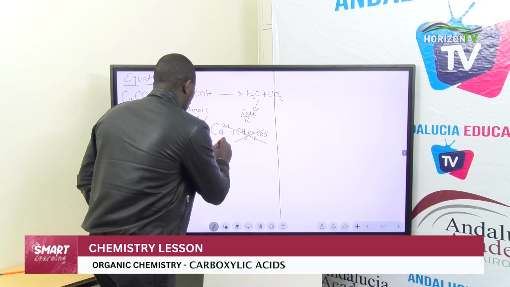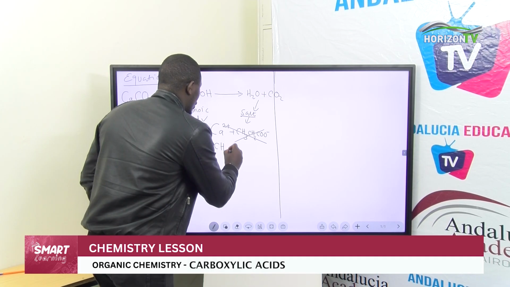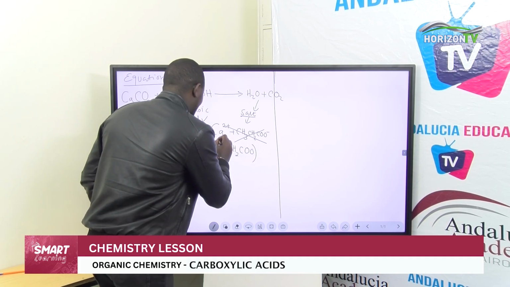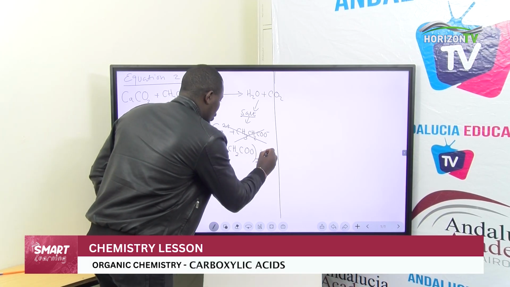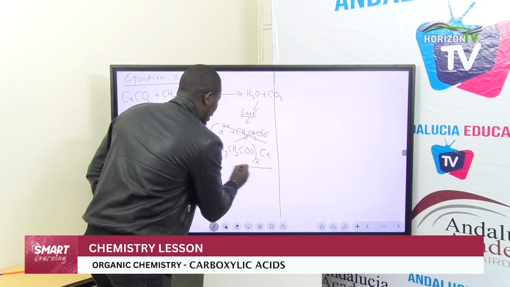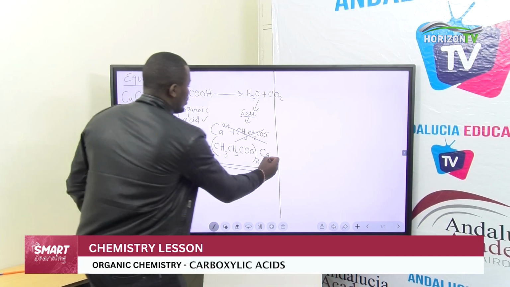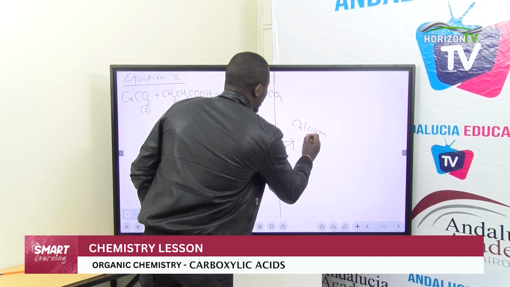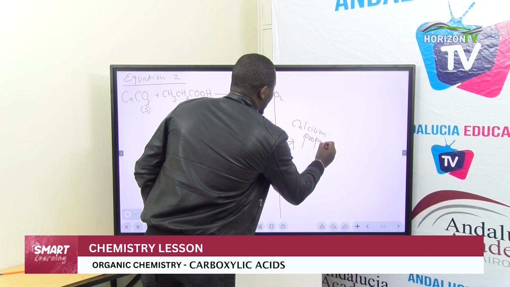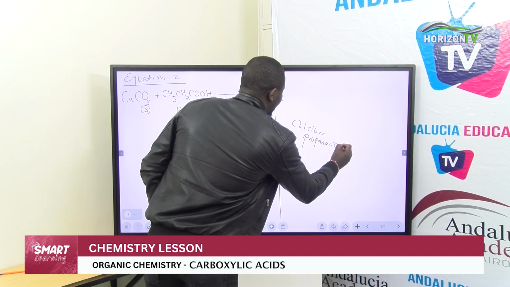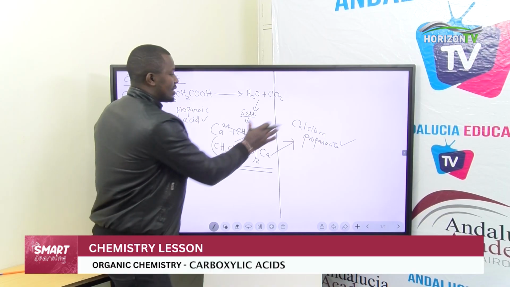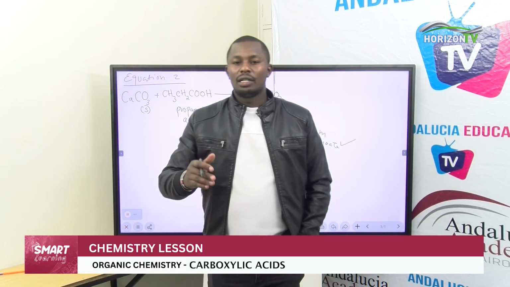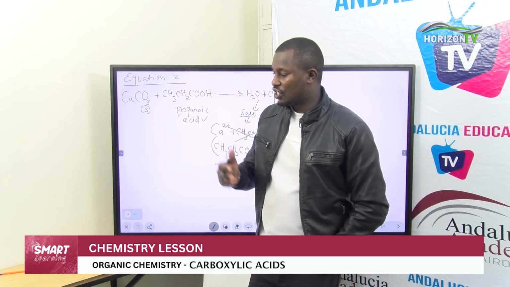So we shall have (CH3CH2COO)2Ca. That is what we call calcium propanoate, formed after the reaction of propanoic acid and calcium carbonate.